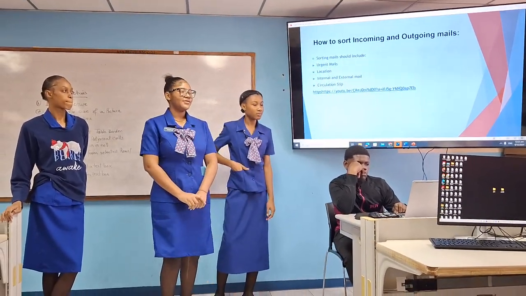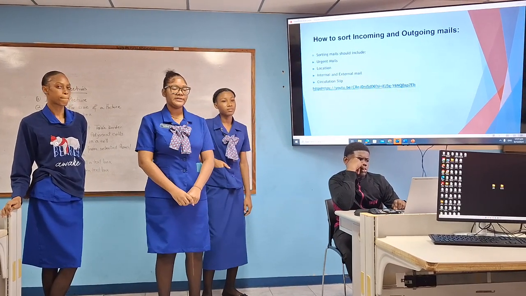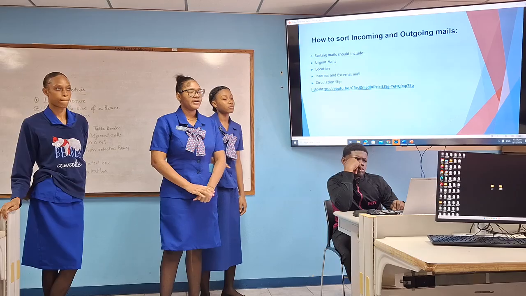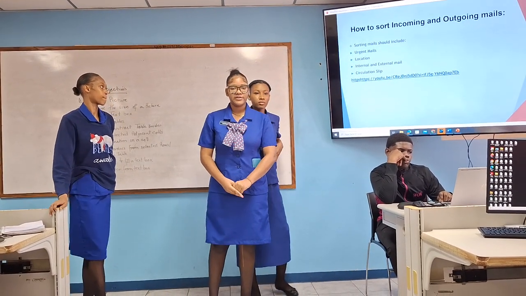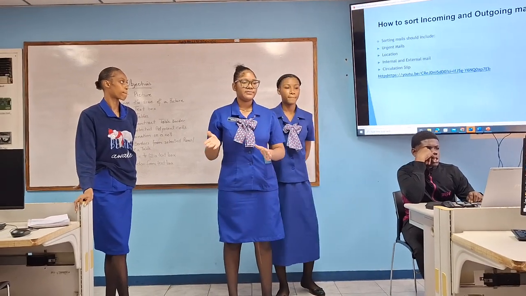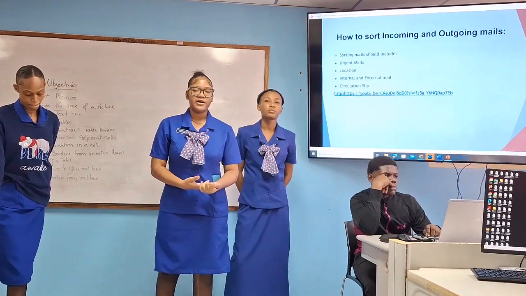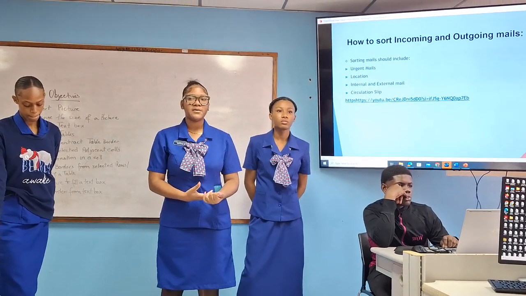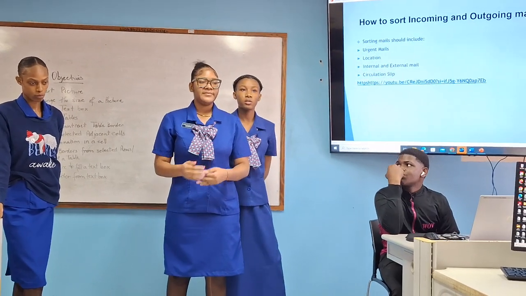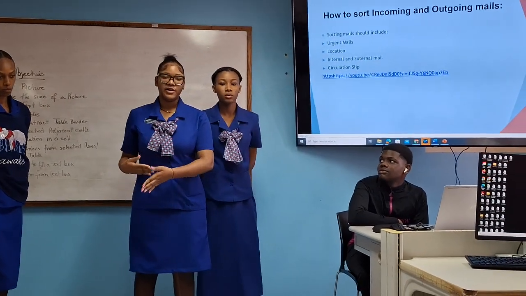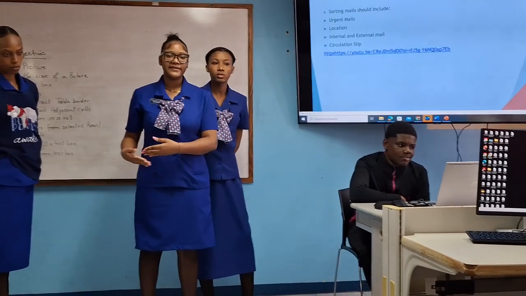Okay, so the first slide that we have is on how to sort incoming and outgoing meals. So the first point is urgent meals. So we have various urgent meals such as registered, certified, and special meals. So urgent meals are basically meals that need to be sent fast, or it's more time bound or time sensitive.